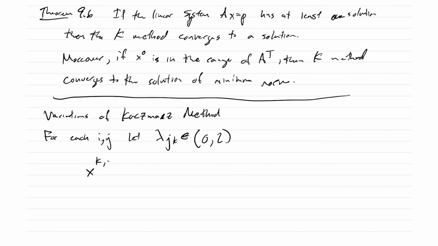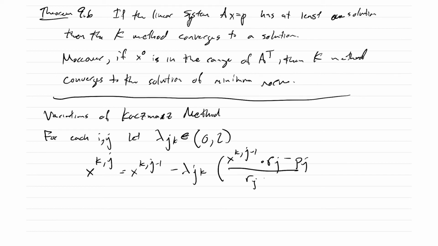Basically, these computations of x to the k comma j becomes x to the k comma j minus 1 minus lambda jk times, and then the rest is just a projection formula: x to the k comma j minus 1 dotted with rj minus pj, divided by rj dot rj, times rj.